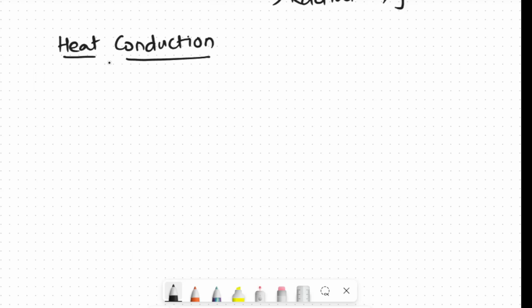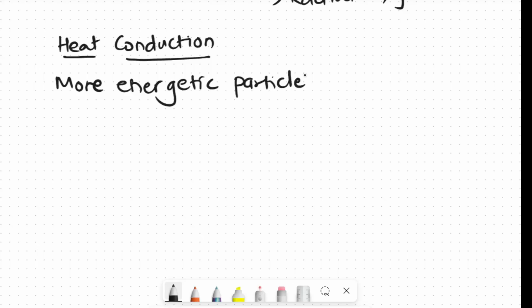So the definition tells us about the transfer of energy from more energetic particles. Now this word is very important in the definition: adjacent less energetic particle.